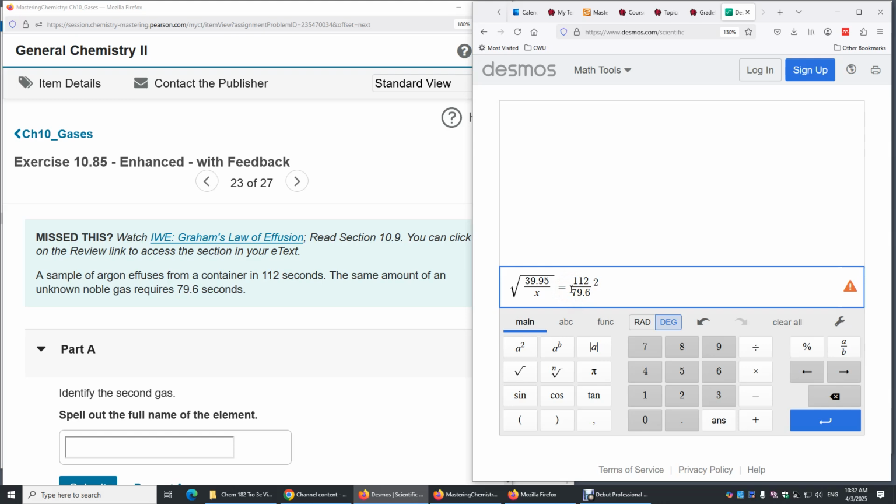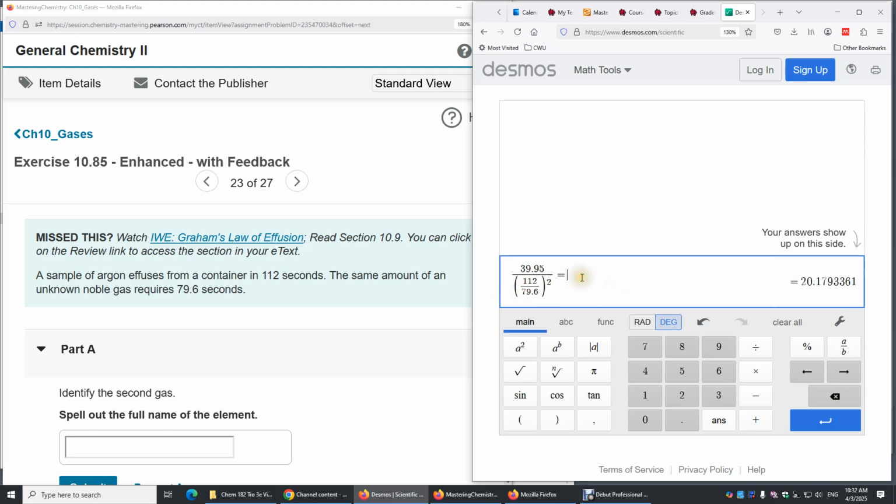Let me use parentheses here. Alright, so we have this, and over here we remove the square root. And then we can move X to the right hand side and this to the left hand side. Alright, so this would be the calculation.